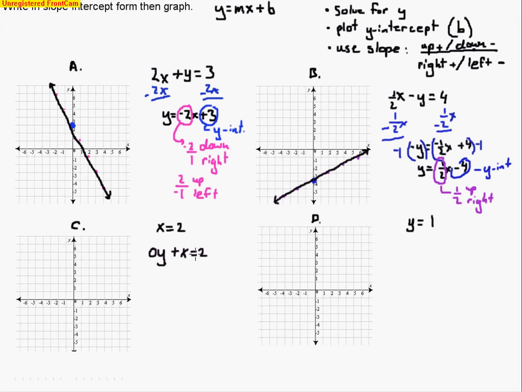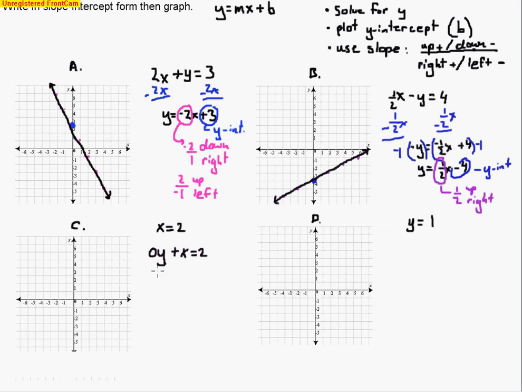Because if I brought the y over by itself, I wouldn't have a y term. It would cancel out. So whenever we have y with a coefficient of 0, that means the y term is going to cancel out. No matter what y value you have, x is always going to equal 2.